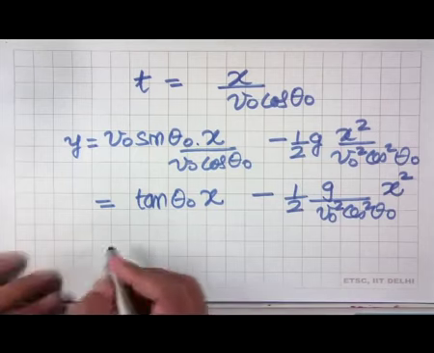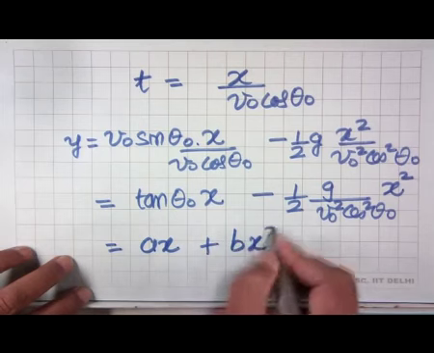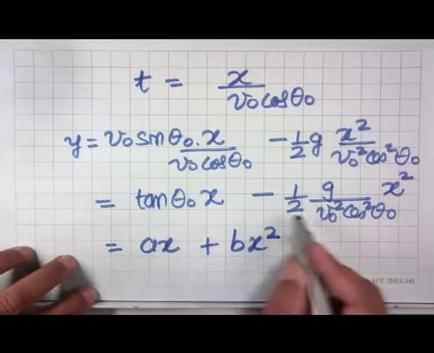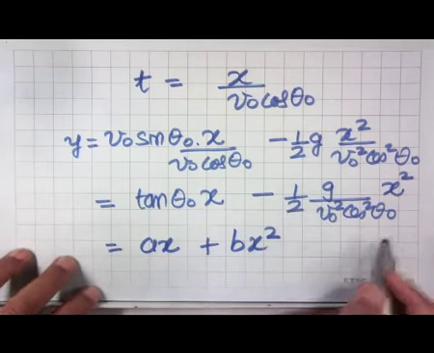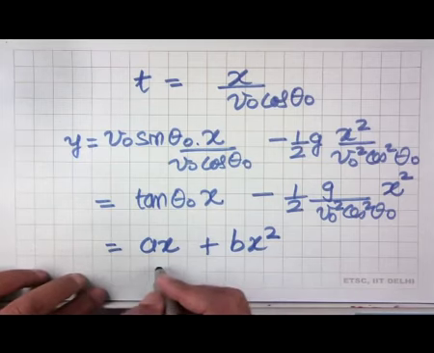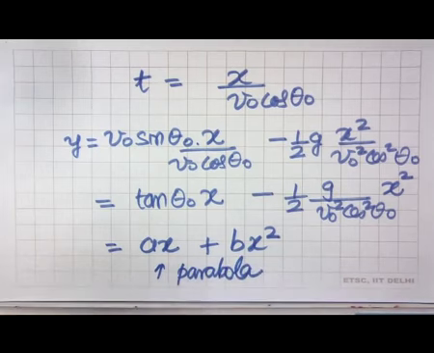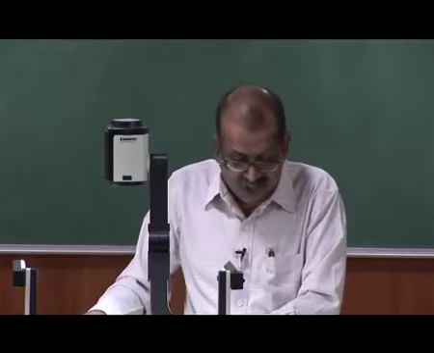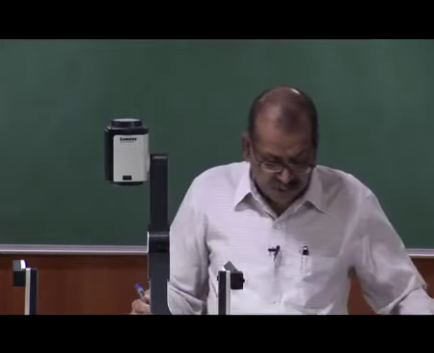This is of the form y equal to a x plus b x square, where a is equal to tangent of theta 0 and b is equal to minus half g by v 0 square cos square theta 0, and this is the equation of a parabola. That means a particle thrown as a projectile has a path that is a parabola.